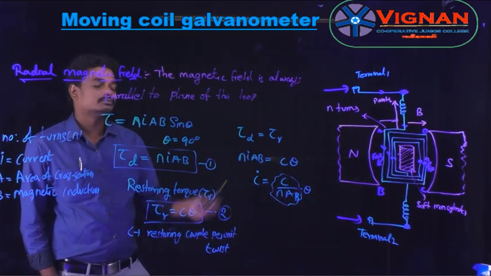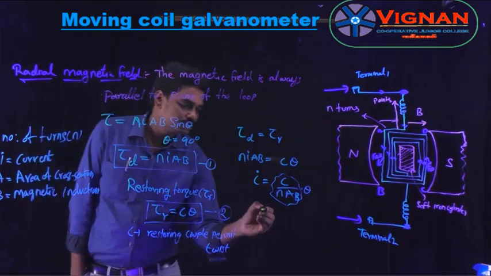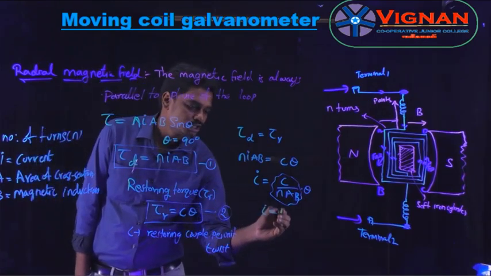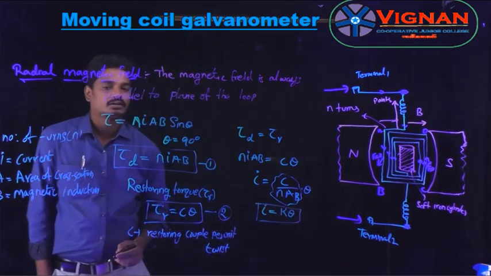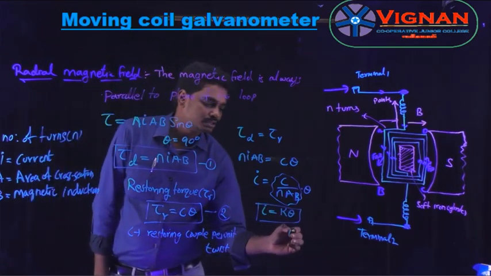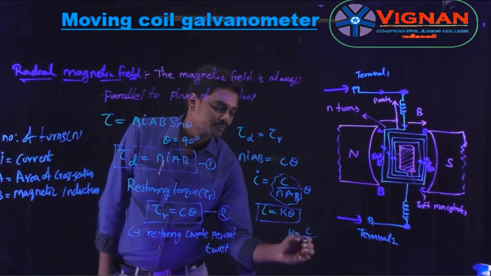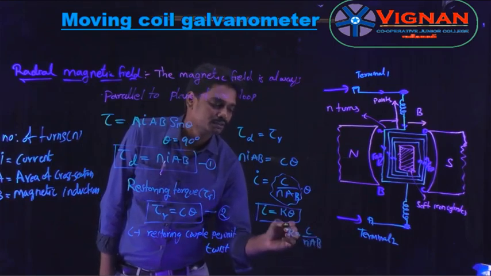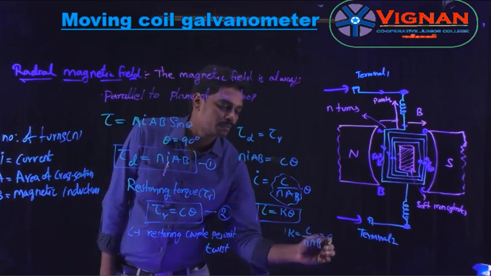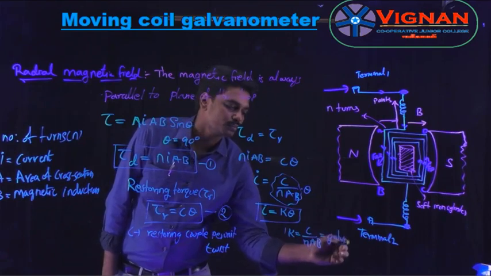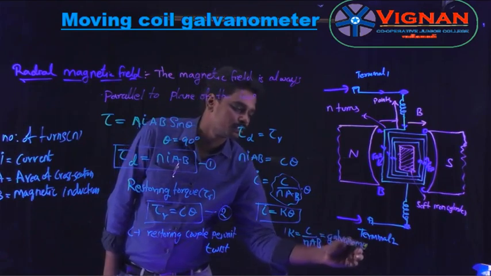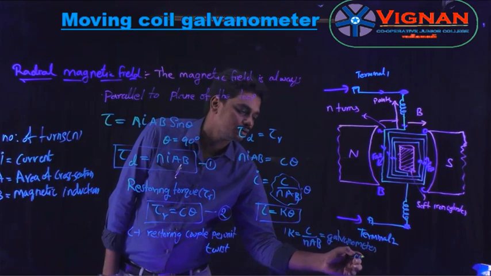So all these terms are constant, from which we can write I is equal to K into theta, where K is the galvanometer constant. K is equal to C by NAB, which is the galvanometer constant.